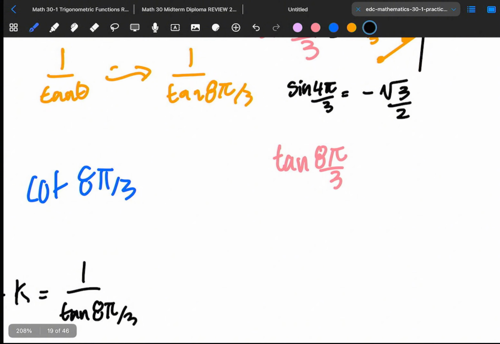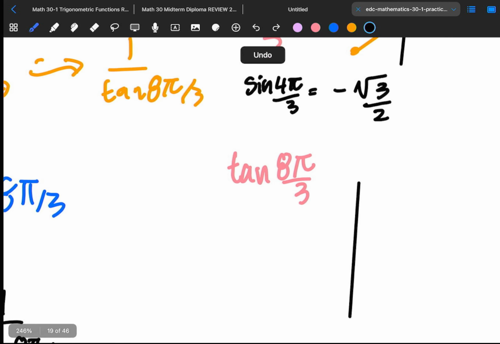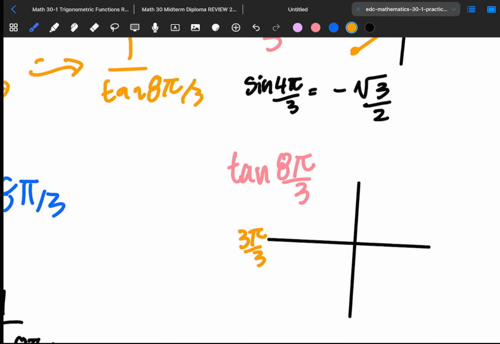So finding the exact value of tan of 8 pi over 3, we're going to draw this out here and try to find where this angle is located, right? So we have 3 pi thirds on the 180, and then we would have 6 pi thirds on the 180. And now you have an additional 2 pi thirds, which would be right just before this 3 pi thirds. So our angle would look something like this.